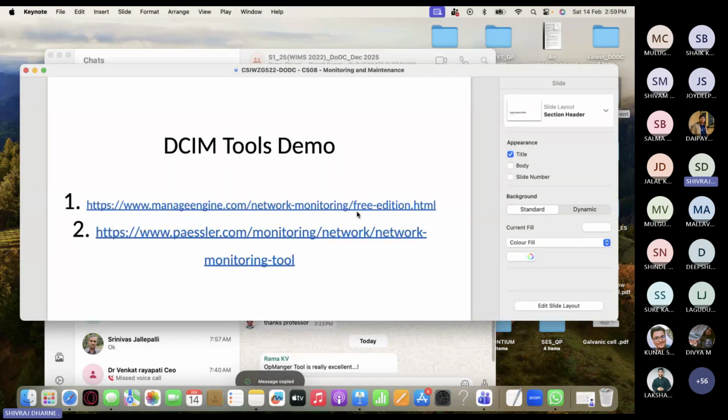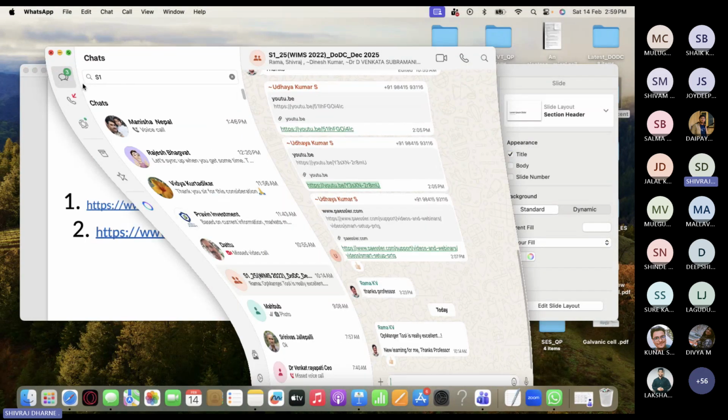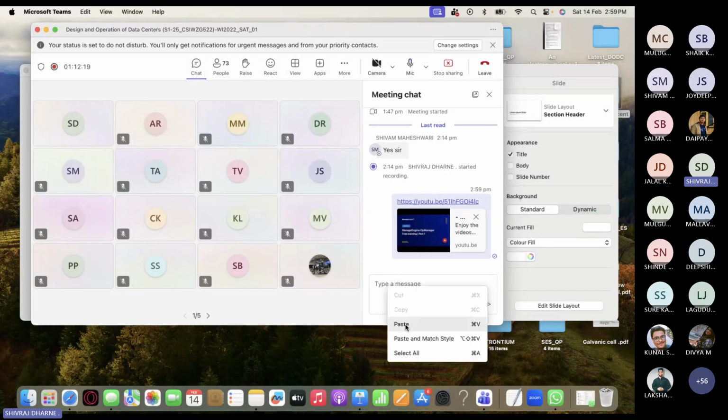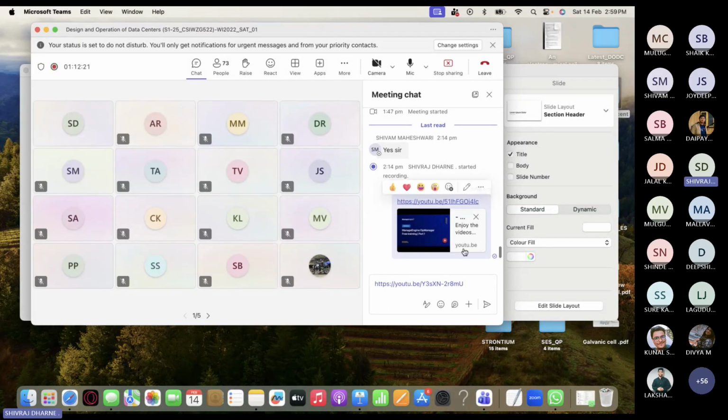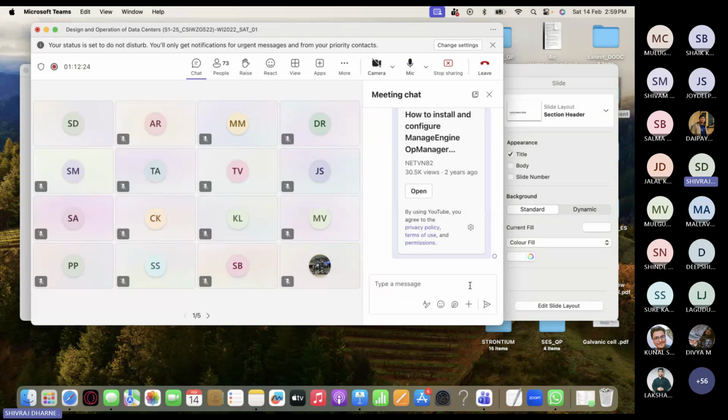Also, you can use this demo by clicking this one. Let me share this also. I hope you can see my screen. This one is how to install and configure ManageEngine OpManager.